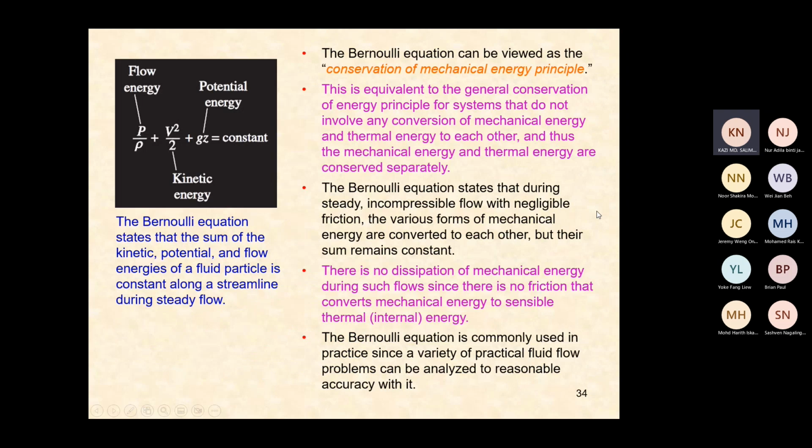So with this, the flow energy or pressure head is P by rho, plus the kinetic energy V squared by 2, plus gz, the potential energy, which is always constant if we consider streamline flow, and incompressible flow need to be considered there.